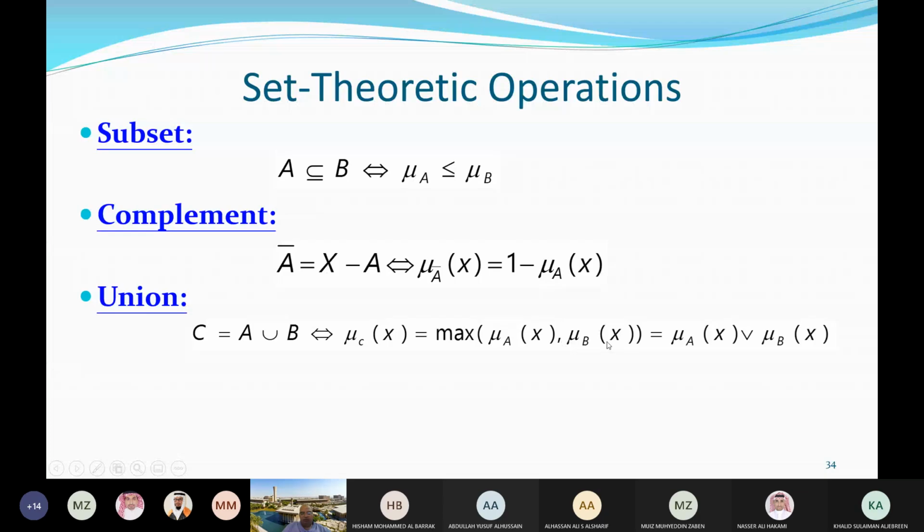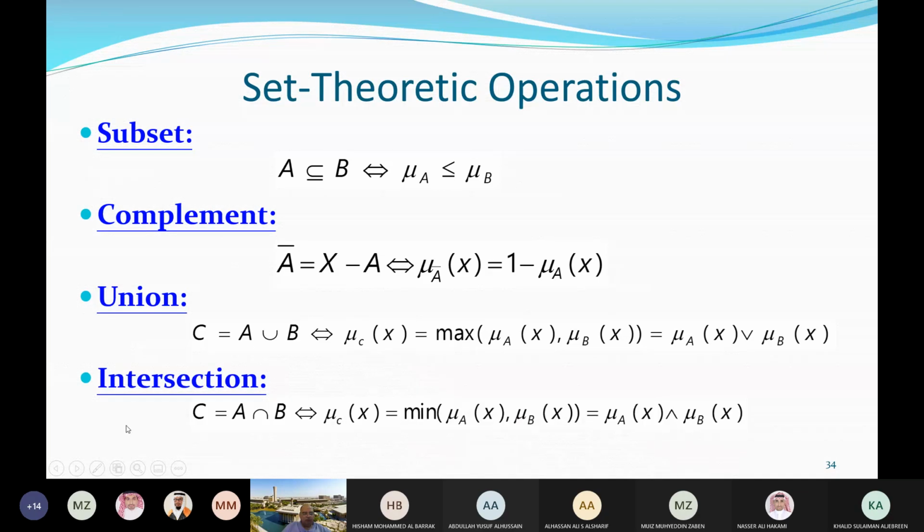The union is the maximum value. The intersection is the minimum value. And when A intersects B, if C is the fuzzy set which is the intersection between A and B, then the membership of C is the minimum of A and B.